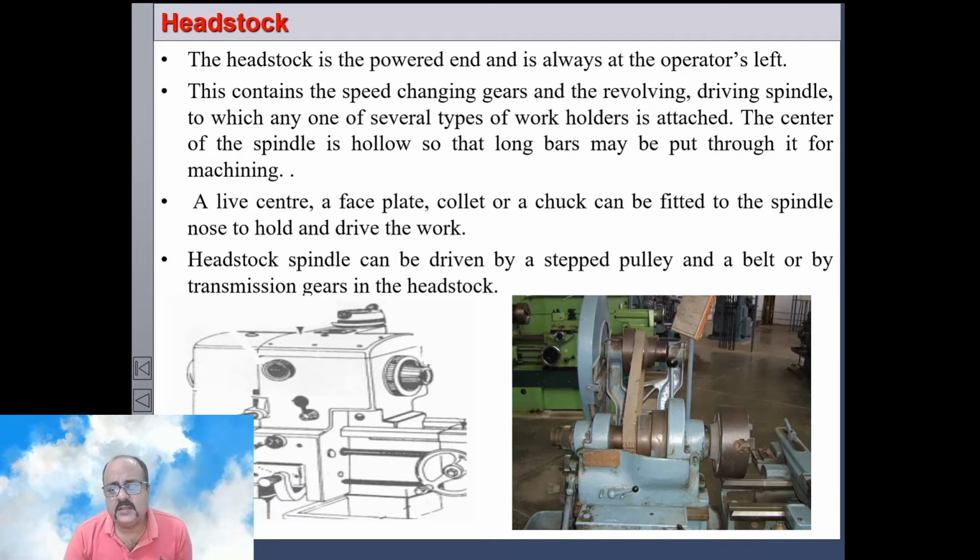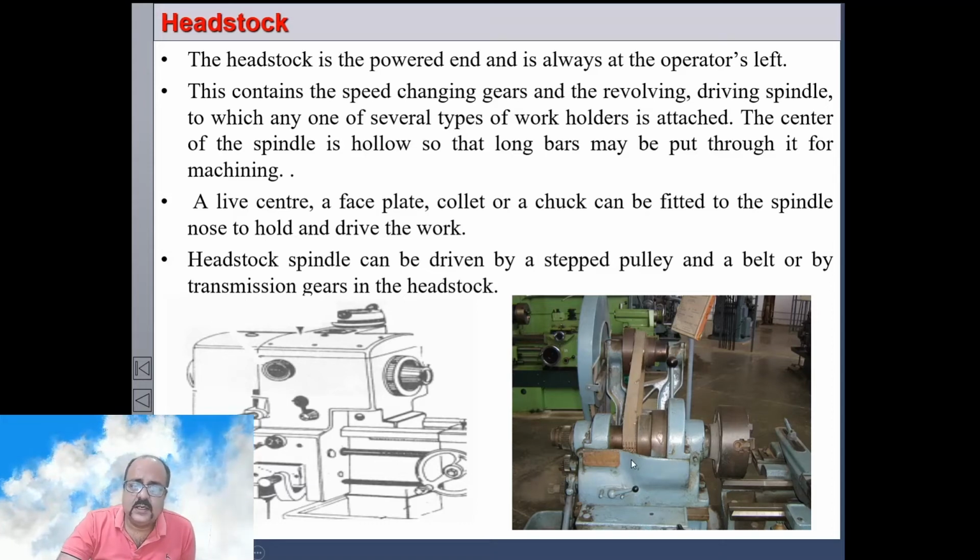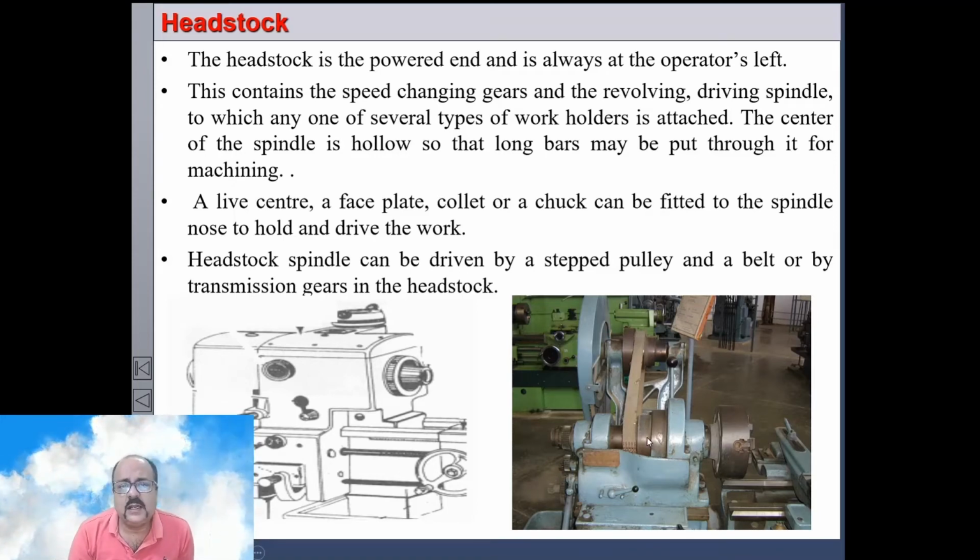Now, the way by which the power is supplied to the headstock, let's say if it's a belt and pulley arrangement as in this one in the figure, there are 3 step pulleys. So the speed can be varied in 3 steps here, and the power drives the spindle here. So this is a belt driven pulley, belt driven lathe machine. Sometimes gear is used between the motor shaft and the spindle shaft, and that is called an all geared lathe machine.